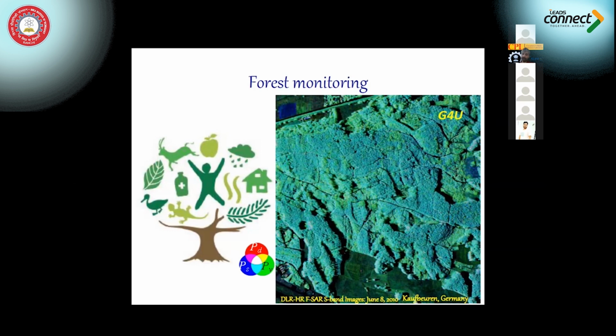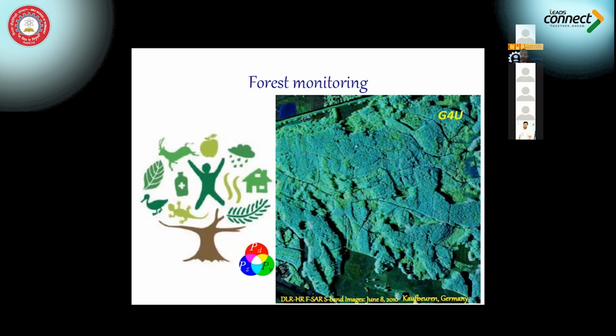So here one kind of example is given. You can see here the bare surface, meaning no forest, agriculture area, and you can also identify where the volume scattering is more dominant, that is the forest area. But here you can also see different tones of the green color, dictating different kinds of forest species.